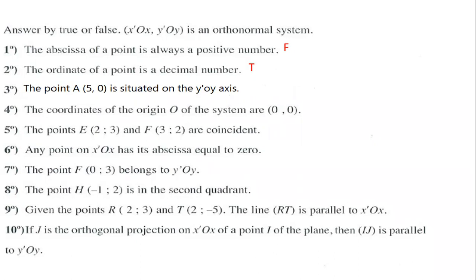What do you think? It has ordinate 0. Where will it be, on the y-axis or the x-axis? Be careful. Didn't we say before the rule that any point having an ordinate 0 will be located on the x-axis? So true or false?